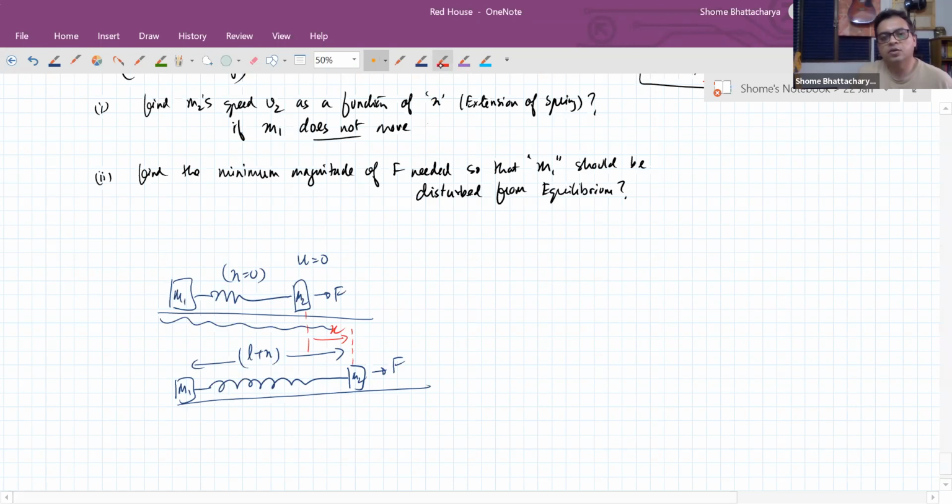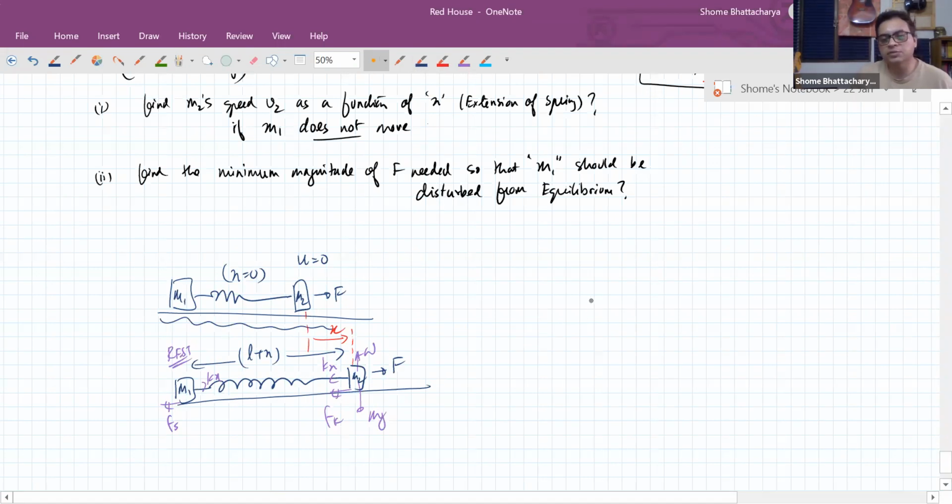Okay, and along with this force, there is mg, normal reaction, kinetic friction, spring force, all this acting here. Okay, here there will be some kind of static friction because this block is at rest. So that is the idea. So we can solve this in many ways.